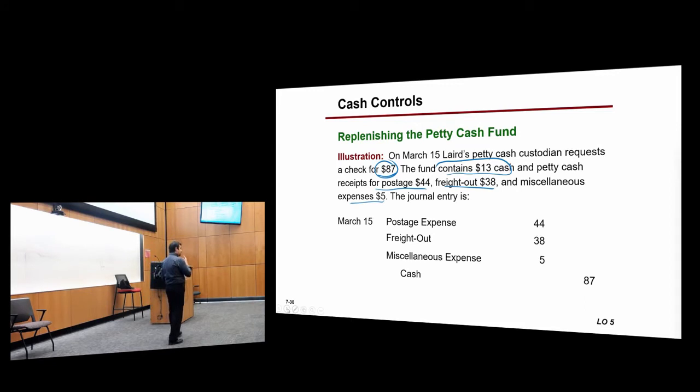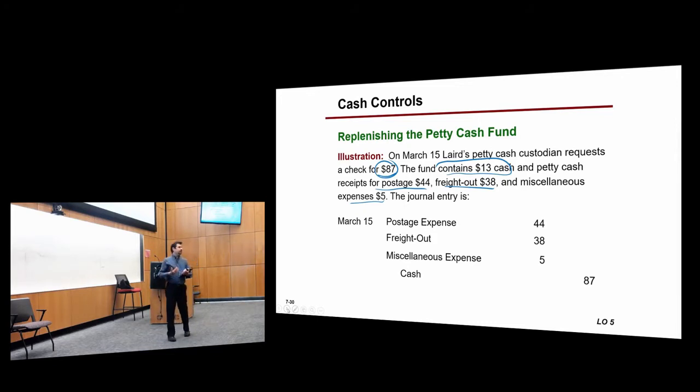After that, basically what you're saying here is that it's as if petty cash was never used. In this case, we still have the petty cash as is, because we're replenishing it. However, the payments are made all in cash. That's how you record payments made through the petty cash fund.